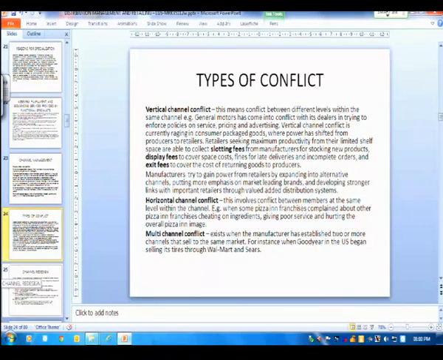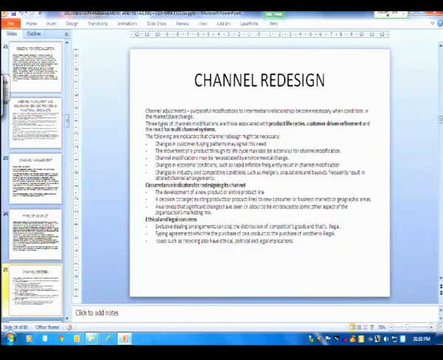Let's now look at channel redesign. Channel adjustments mean purposeful modifications to intermediary relationships that become necessary when conditions in the marketplace change.